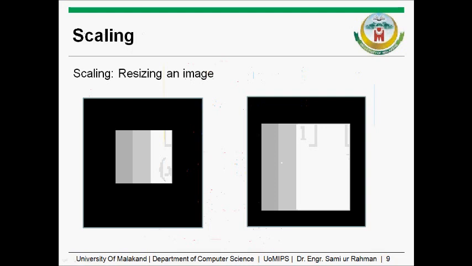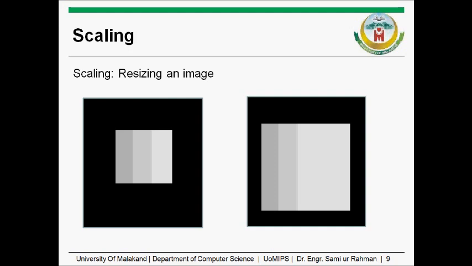Now the next type of transformation is scaling. This is not very difficult, but there are some more things to learn during this discussion. Scaling is simply resizing of an image. Either you enlarge the original size or you decrease the size.